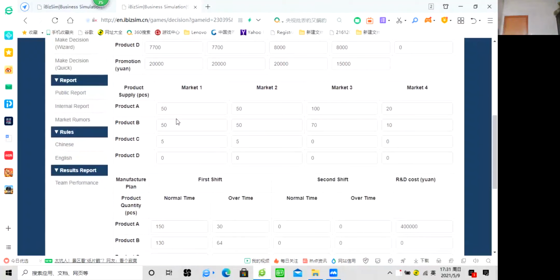Now this is supply chain, transportation. Product A is produced in our factory, so where is our factory? The factory is located in Kathmandu, our capital.